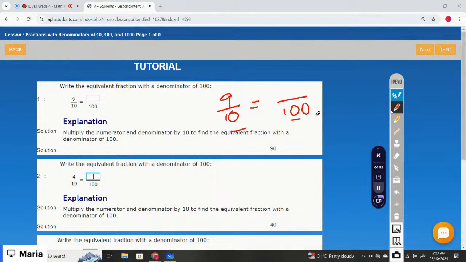Just look at the denominators 10 and 100. 10 times 10 makes 100, right? So you always multiply both numerator and denominator with the same number. So you need to do 9 times 10, that makes 90 over 100. The correct option is 90 over 100.